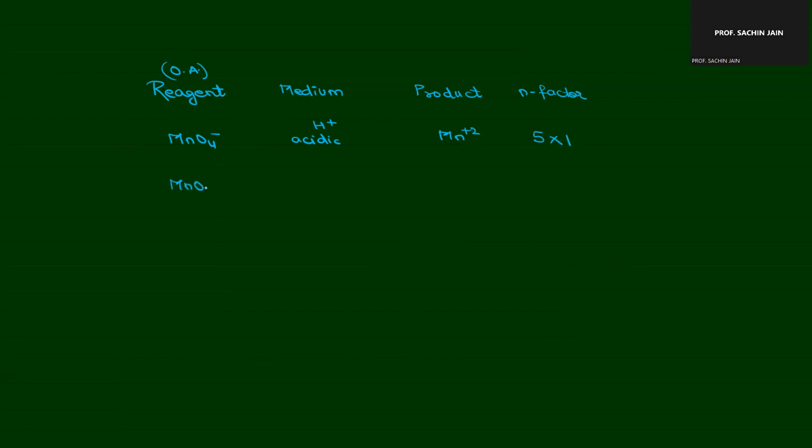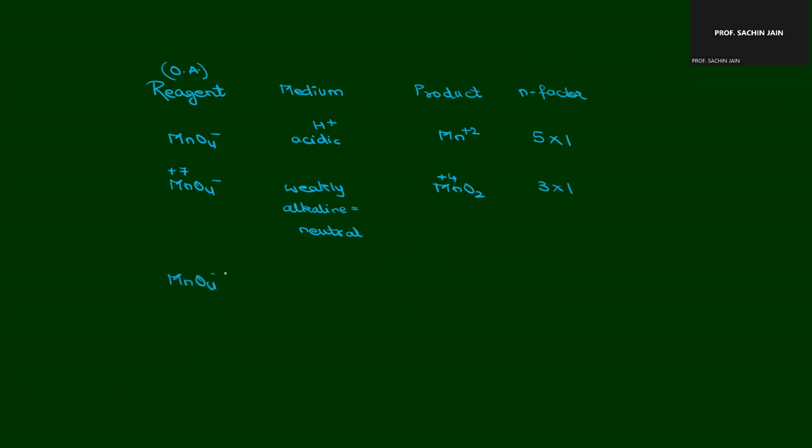The same permanganate when reacting in weakly alkaline medium, meaning when the medium is basic and weak, which is equal to the medium being neutral, only water involved, no H⁺ or OH⁻. In that, the product is manganese dioxide with the change going from +7 to +4. So the change is 3 times 1, and the N factor is 3.